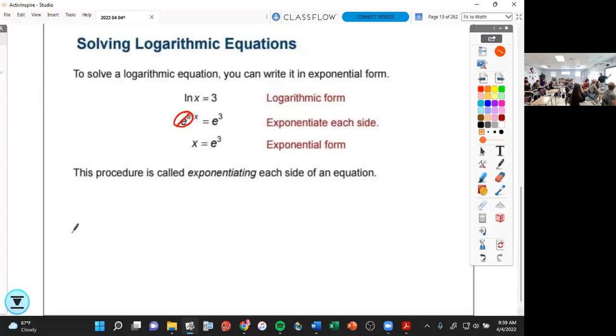So we had to do inverse operation to get the x out. Okay. So x is equal to e to the third power. They call this exponentiating each side. You know, we multiply both sides by the same number. We divided both sides. We took the log of both sides. We exponentiated both sides. Okay.